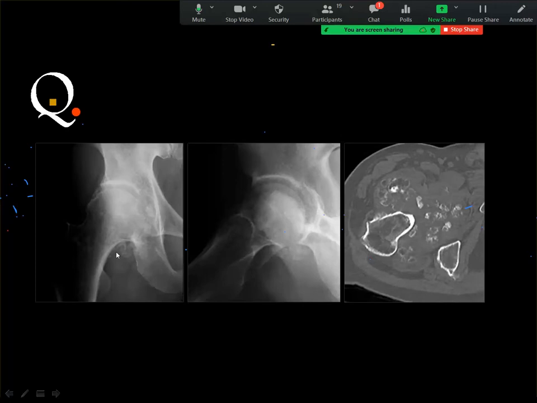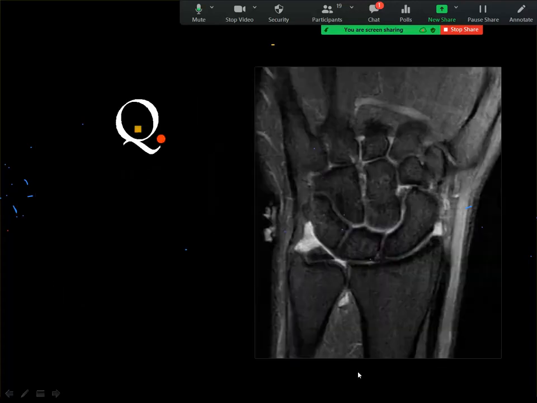Actually, you may diagnose this lesion very easily from the plain film, but sometimes they present this case as a spot case in the exam, and you have to spend some time thinking about these calcific structures, and you should consider this as synovial osteochondromatosis.